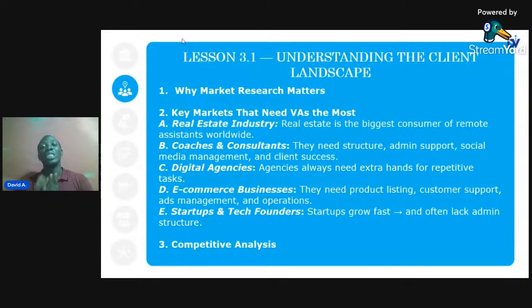But real estate agents need VAs, property managers need VAs, real estate investors need VAs, Airbnb managers and owners of Airbnbs need VAs, right? So it's in your best interest to understand that real estate is one of the biggest consumers of remote assistance worldwide.